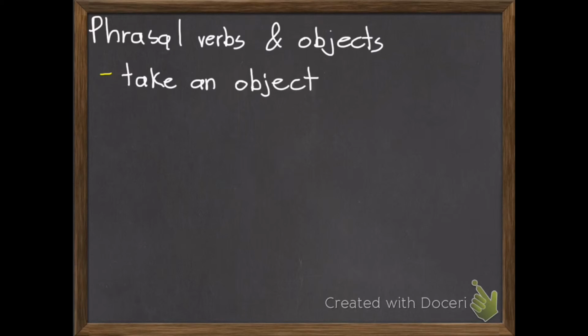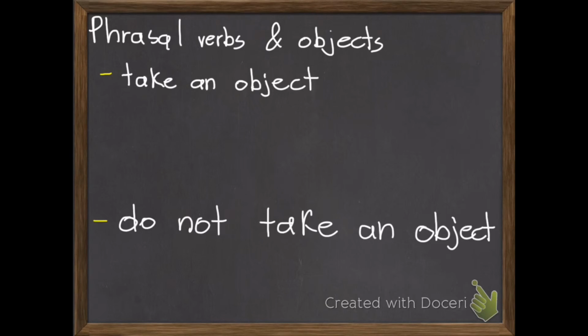They can take an object or they can not take an object. We can use them with an object, like turn on the computer, turn on being the phrasal verb and the computer being the object, or shut down the computer. They take objects because we have to specify what object we're shutting down, turning off, turning on, etc.